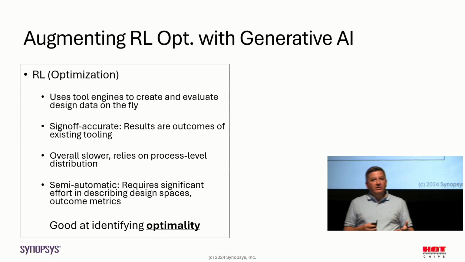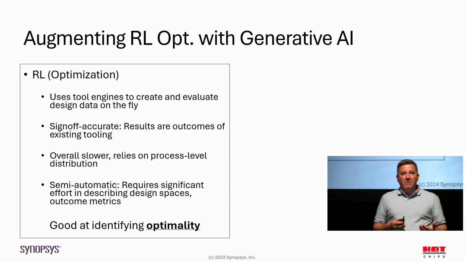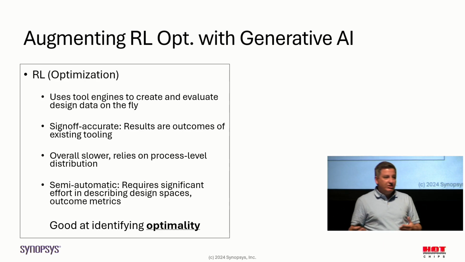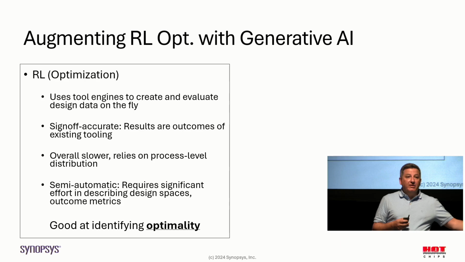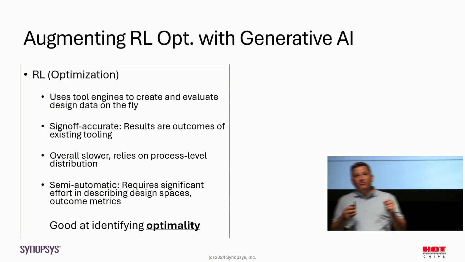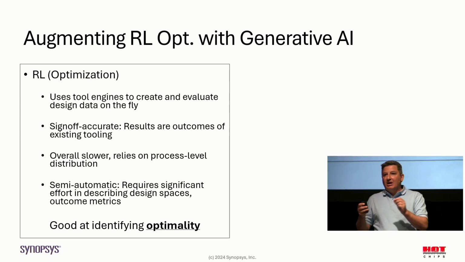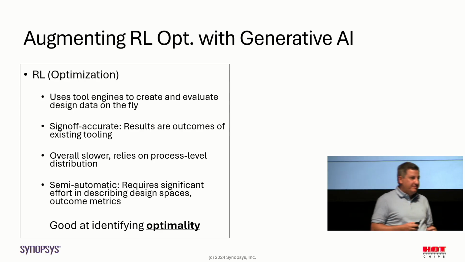It's overall slower because it has to run these entire flows and collect the data. And it's what I would call semi-automatic, meaning that it's autonomous in exploration, but it requires that you actually describe the design spaces and you describe the outcome metrics, and the overall performance of the system is tied intrinsically to how good a job you did in defining those spaces.